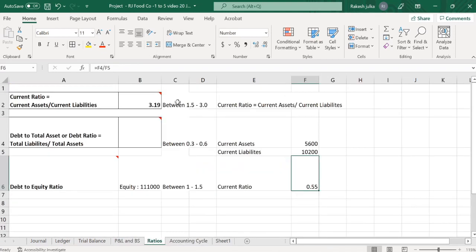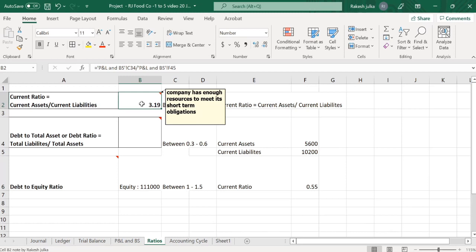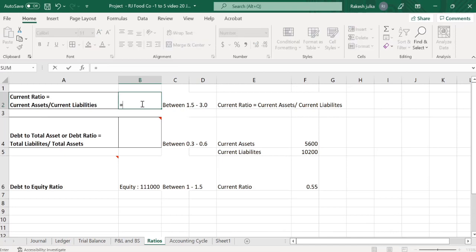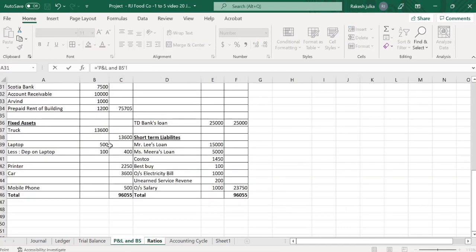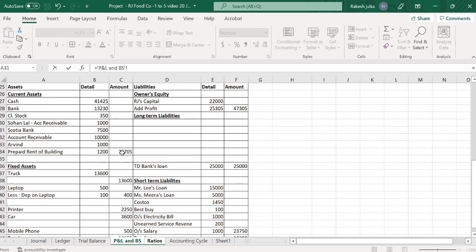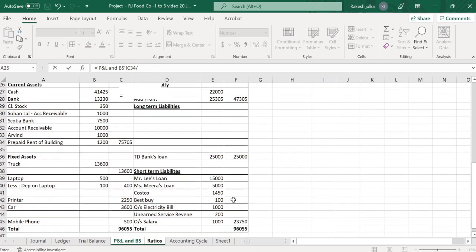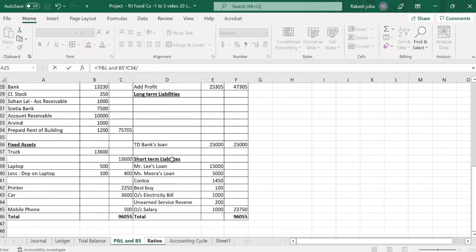So in the ratios, I have calculated this one here, and I just want to go through it once again. I put an equal to sign here, then click on this figure, 75,705, then divide by short-term liabilities, meaning current liabilities, right?